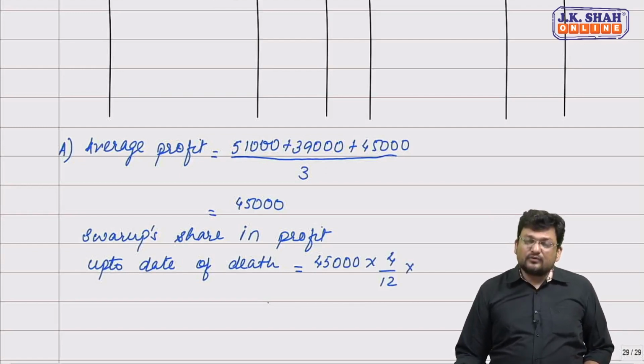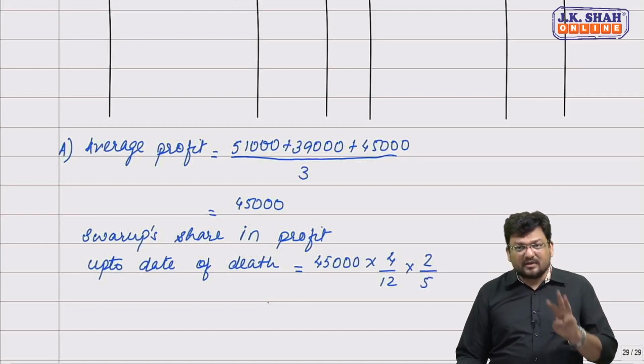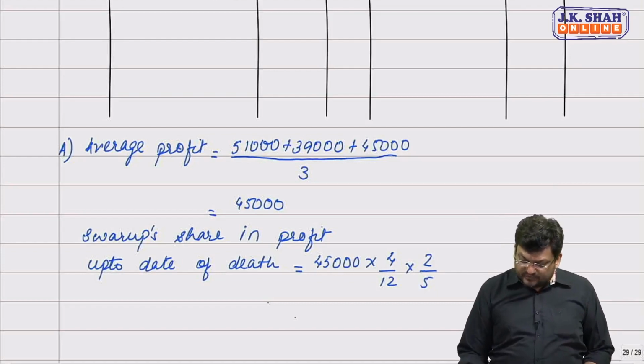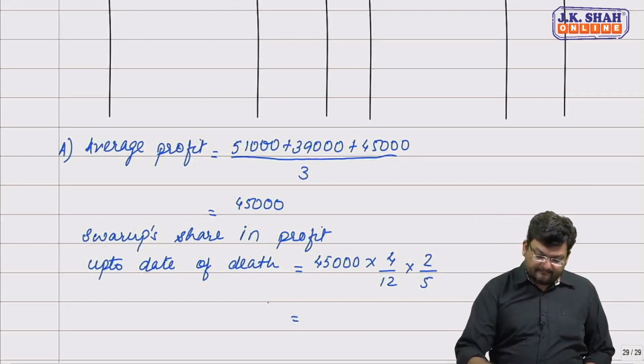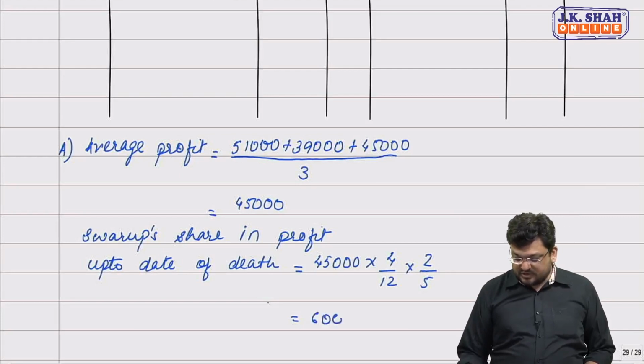And in that profit of 4 months, his share in profit is 2/5. Remember their profit sharing ratio is 3:2. So his share in profit is 2/5. So Swaroop's share in profit comes to 6,000, friends.